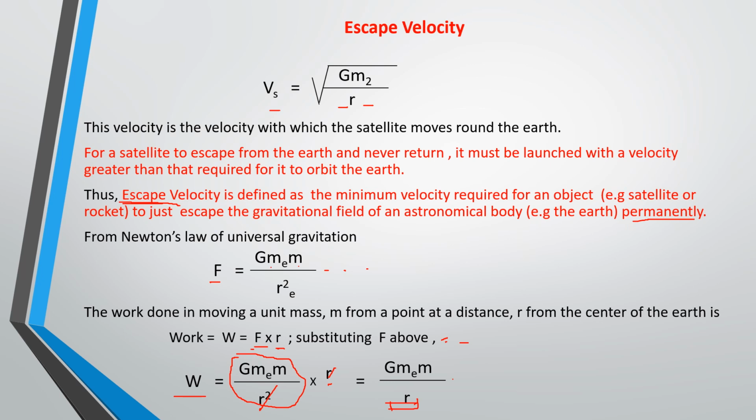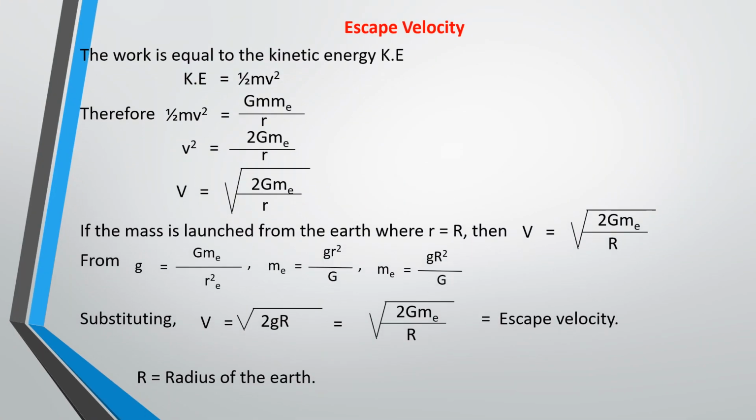Now for the object to circle around the Earth, the work done is equal to what? The work done is equal to the kinetic energy. So right away you bring the kinetic energy into this equation.